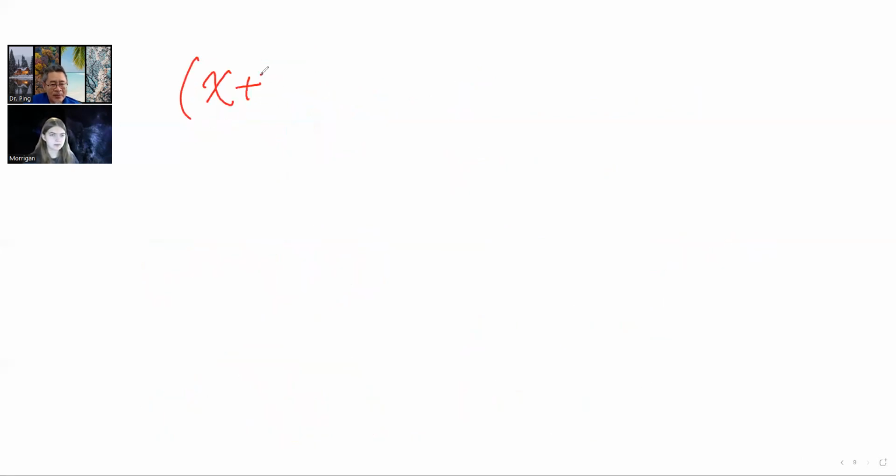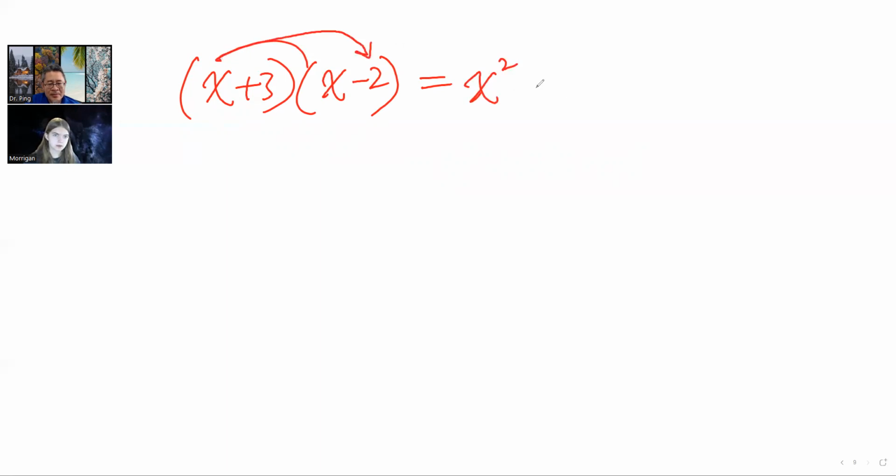X plus 3 times x minus 2. So the x squared, plus negative 2x, plus 3x. That would be plus 6? 3 times 2.